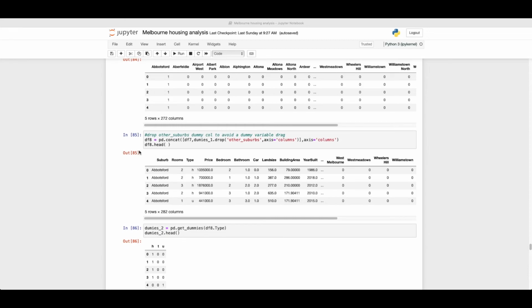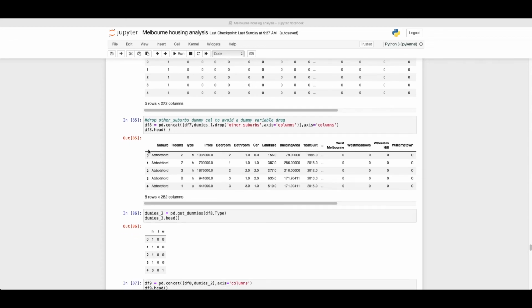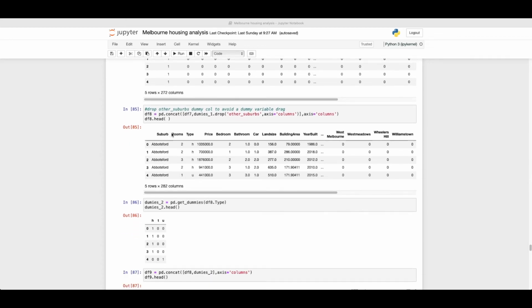And I dropped the other suburbs dummy column just to avoid the dummy variable trap. There would be too many variables, right? And if there are all zeros in the columns, that means it's the other suburbs. So yeah, just to make things easier for the machine learning part.